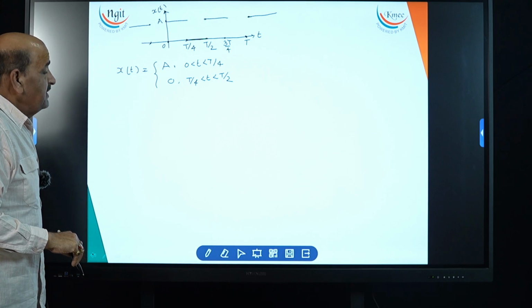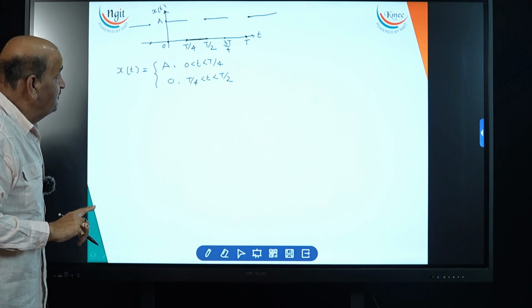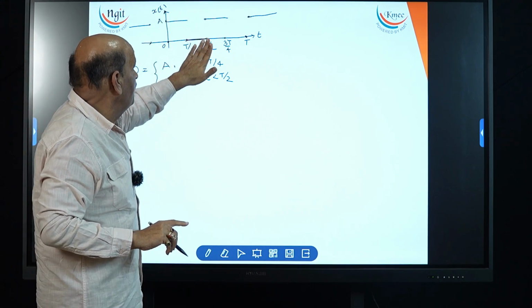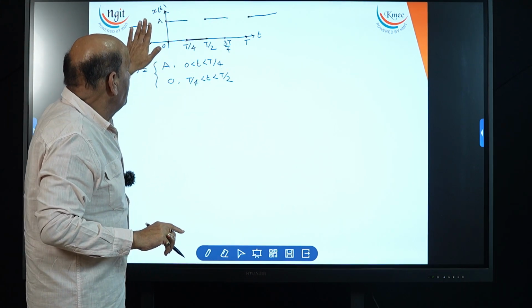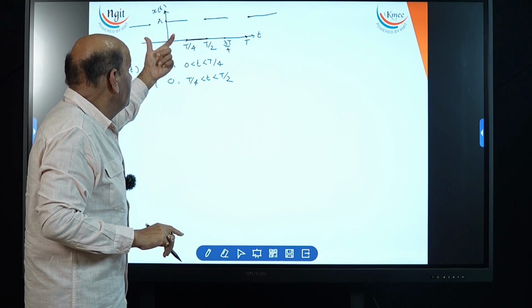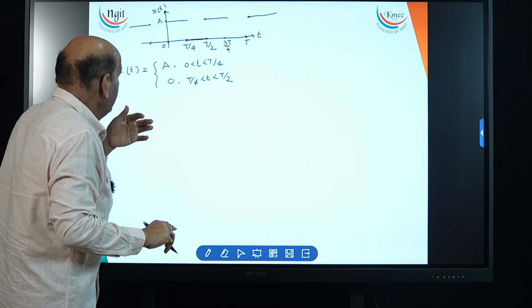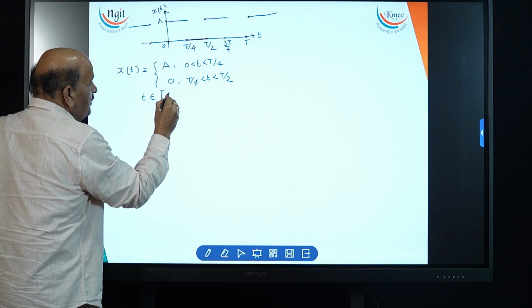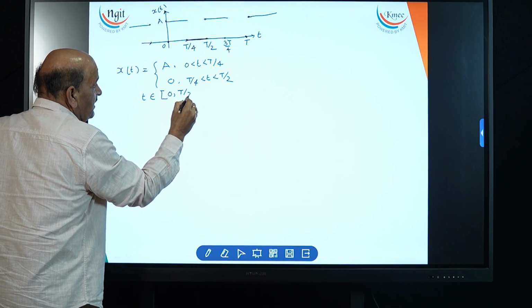Got it? First, mathematical modeling. So wave, no wave, wave, no wave. So we have to consider the full period between 0 to T by 2. Wave, no wave. So here the full period T belongs to between 0 to T by 2.